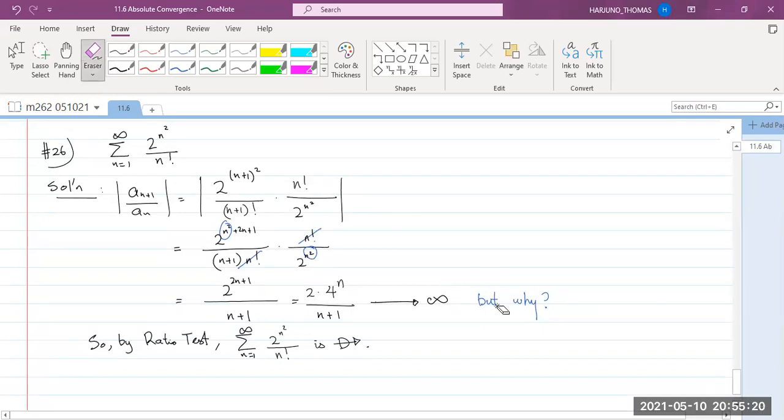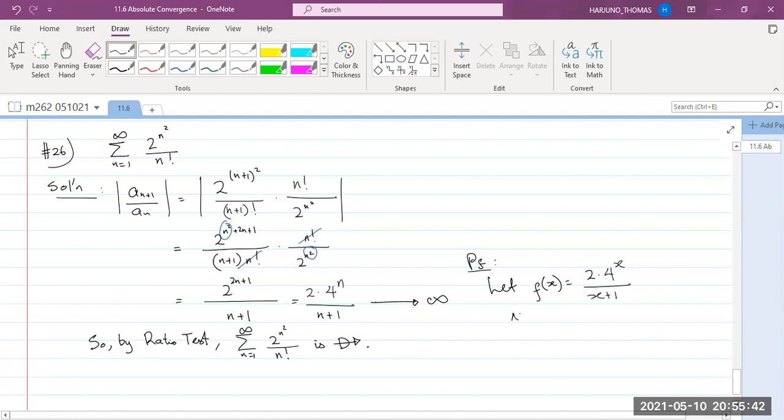Okay, now let's prove this part here. Let f(x) equal 2 times 4 to the x over x plus 1.